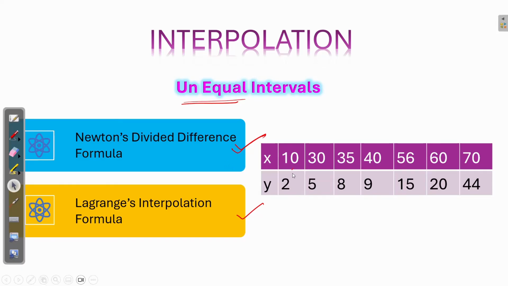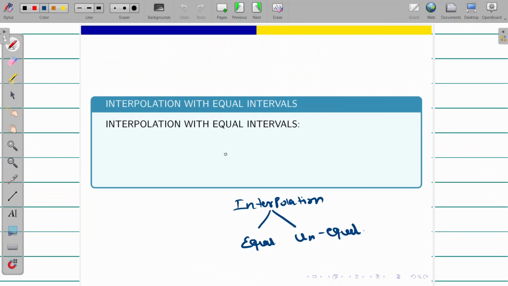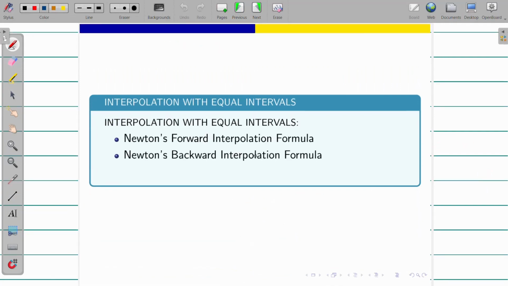As I told you already, to identify whether it is equally spaced or unequally spaced, we have to check the values of x only. In equal intervals there are forward and backward interpolation formulae. Lagrange has a different concept, so I have added a separate video for this. Please go through that.